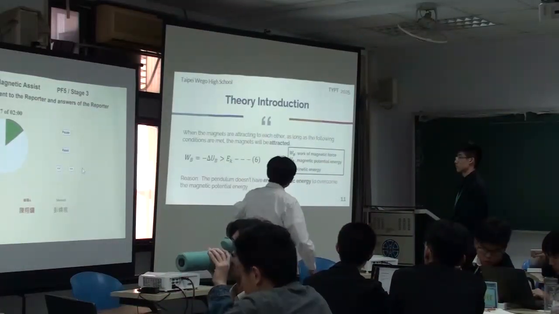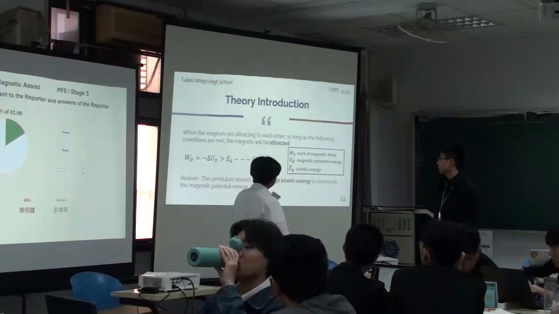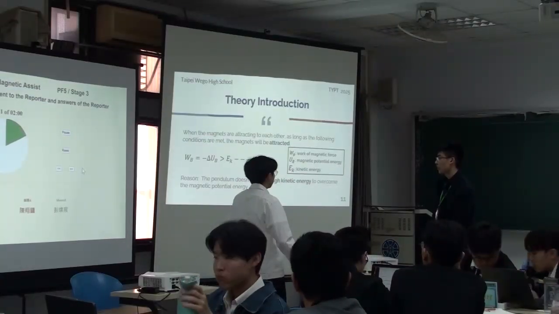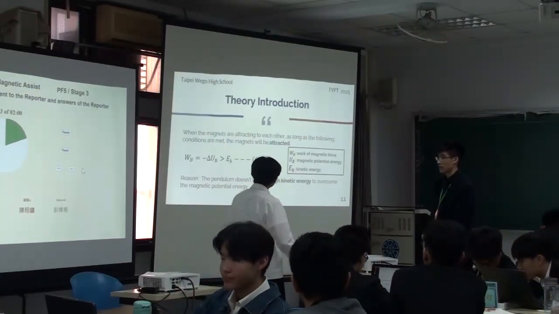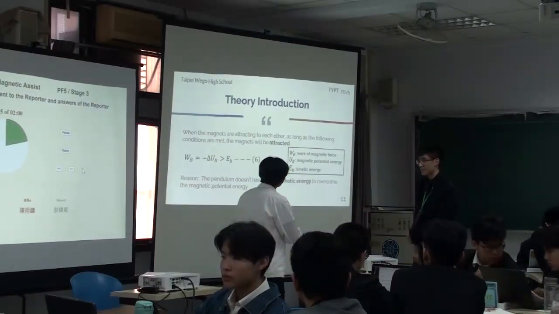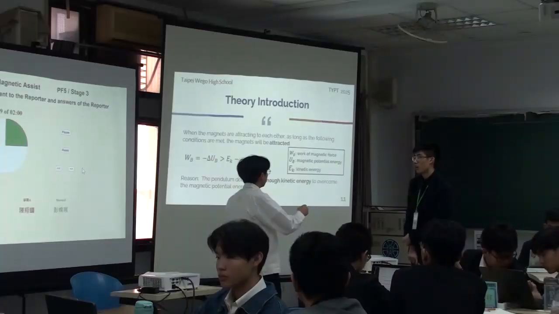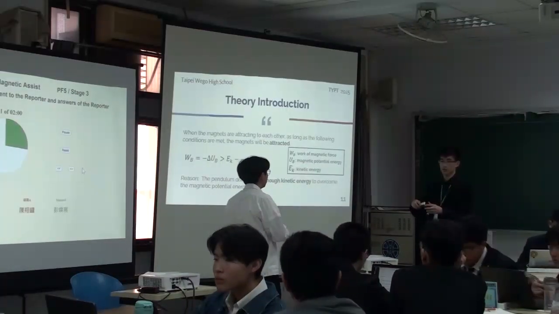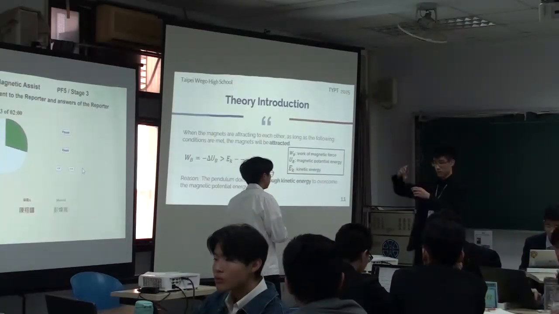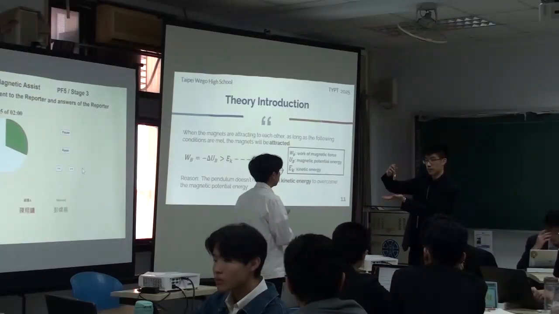I want to tell you why kinetic energy decreases. Because, through the process, when the pendulum goes down, the magnet on the base part will attract the magnets here, right?